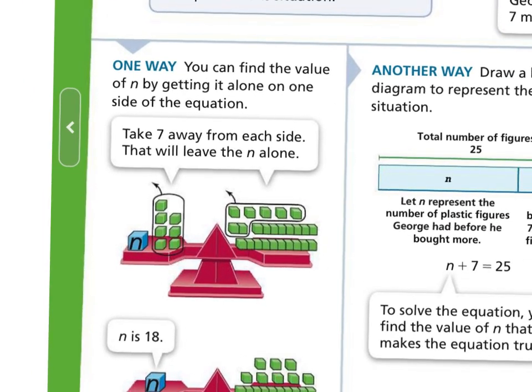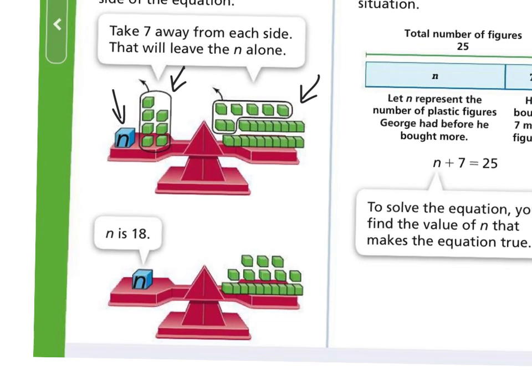So if he ended up with 25, they just made 25 squares over here. And then this would represent the 7 he bought. This would represent the number he had before he bought those 7. And then you can see if they take 7 away from both sides, then that would end up with 18.